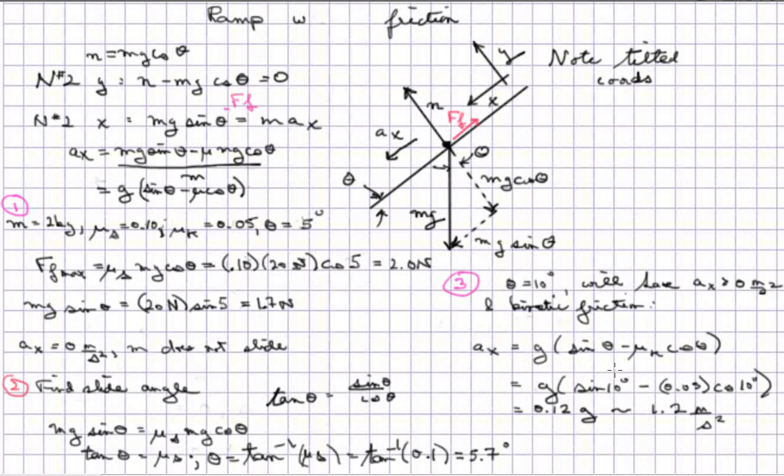And let's go ahead and put the angles in here. 10 degrees. Sine of 10 minus 0.05, that's the coefficient of kinetic friction, times the cosine of 10. And if you work this factor out in parentheses multiplying g, that turns out to be 0.12 times g. Since g is pretty close to 10, that's going to be pretty close to 1.2 meters per second squared.